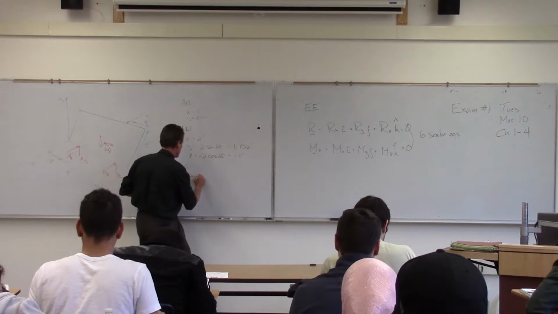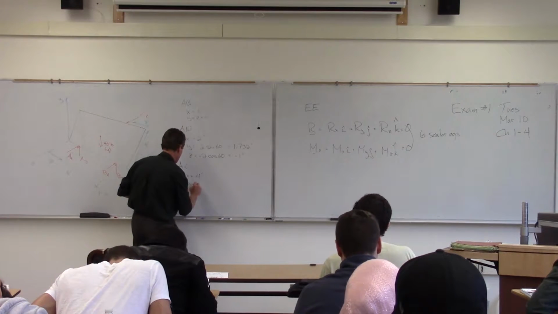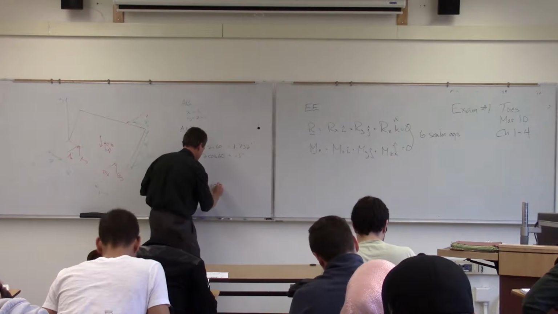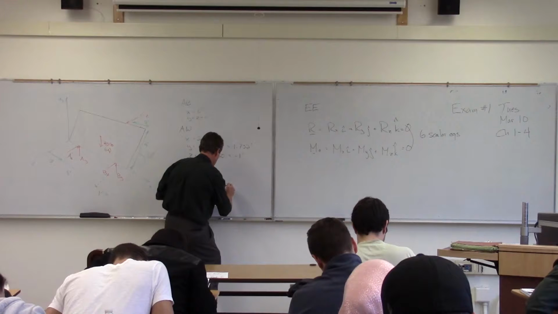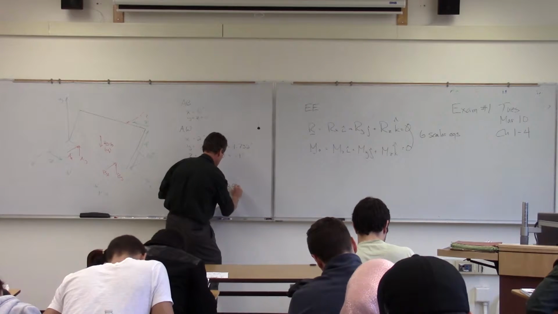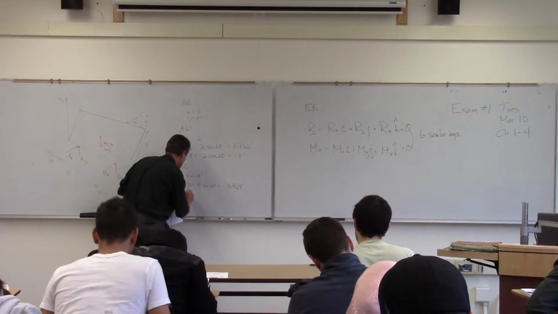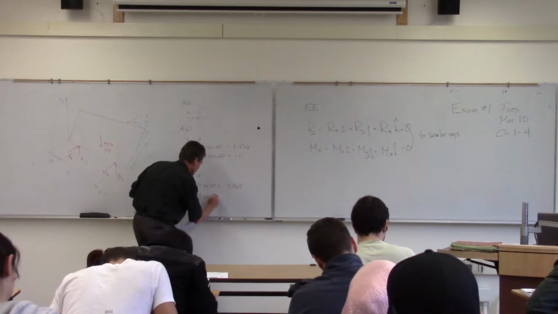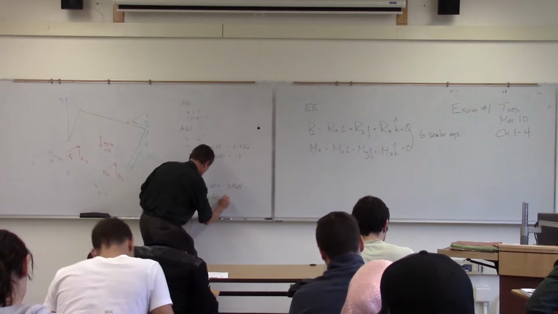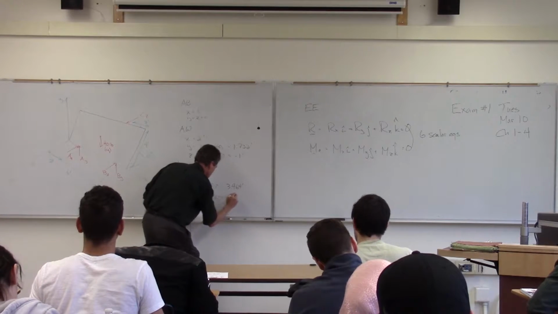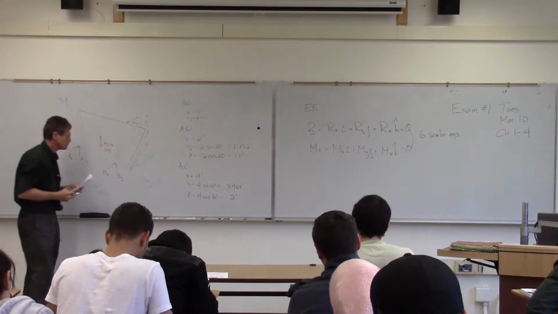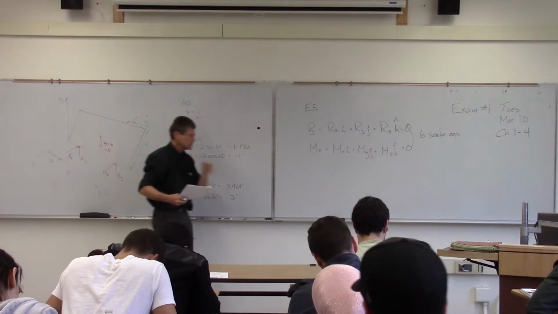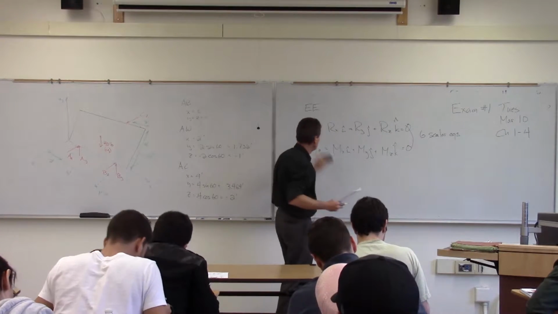Okay, so x is 4 feet. What about y? 4 sine 60. And then z, minus 4 cosine 60, or minus 2. Okay, are we comfortable with that?